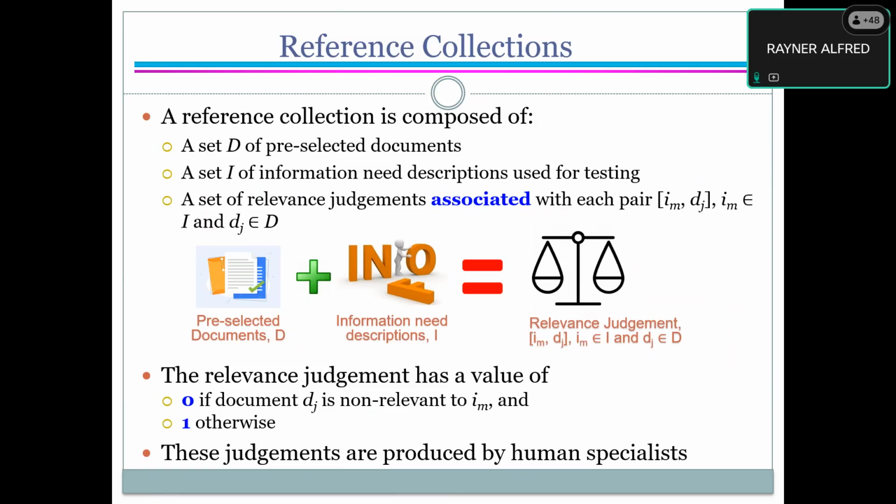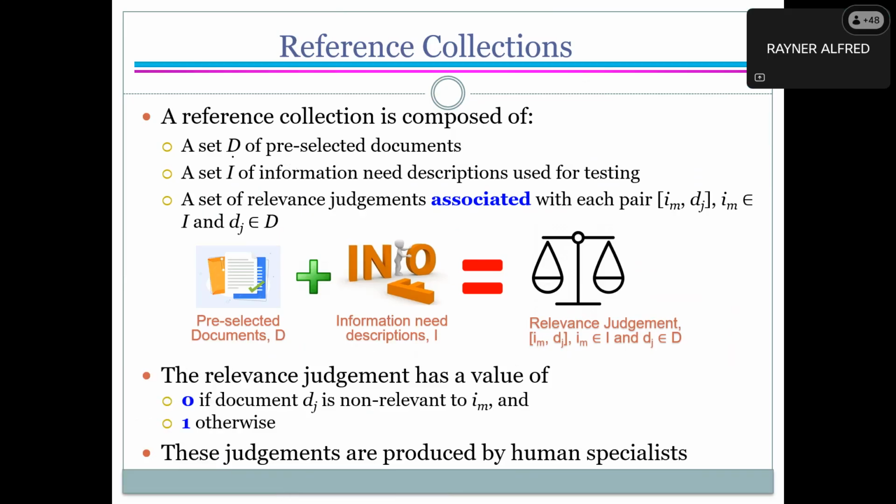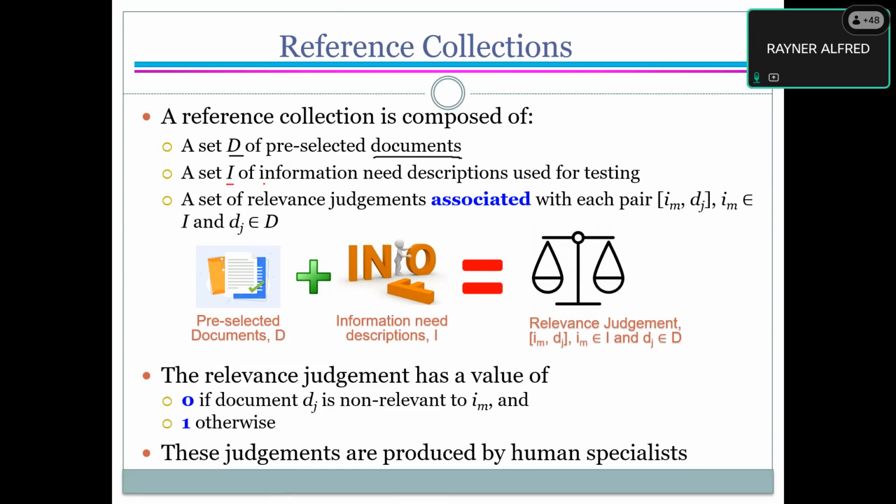Okay, so before that, we need to look at some of the concepts. Suppose we have a set D of pre-selected documents, and then we have the information that you need.